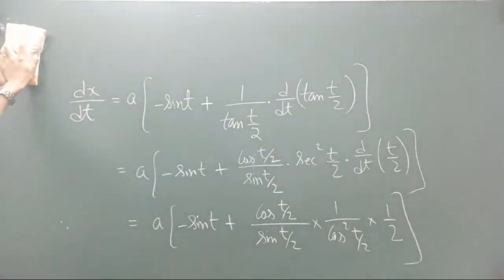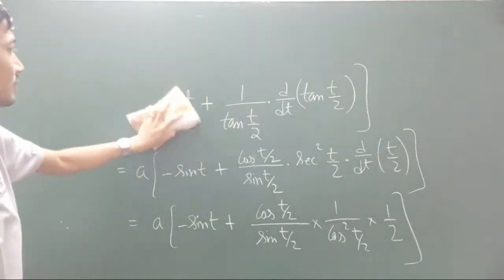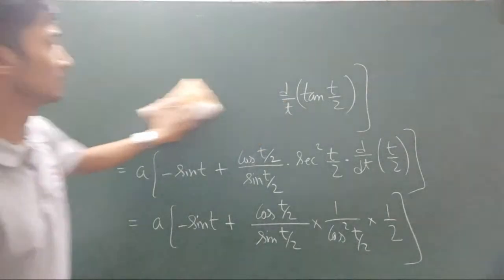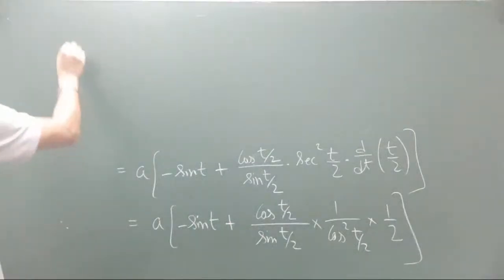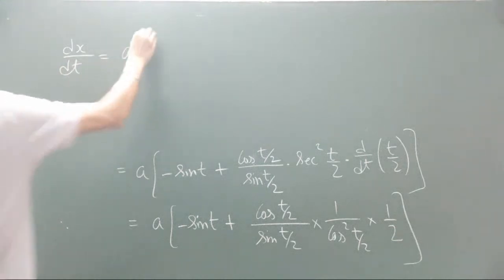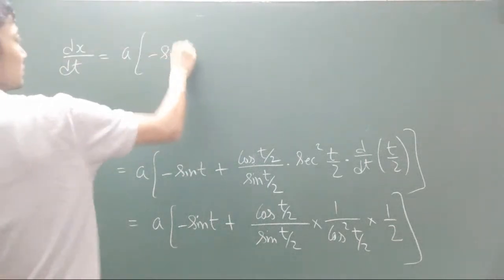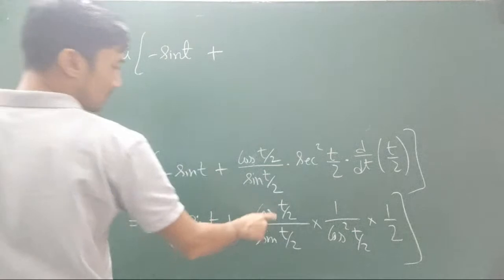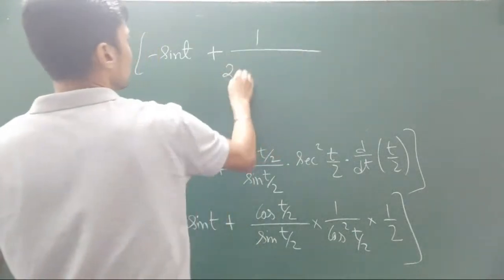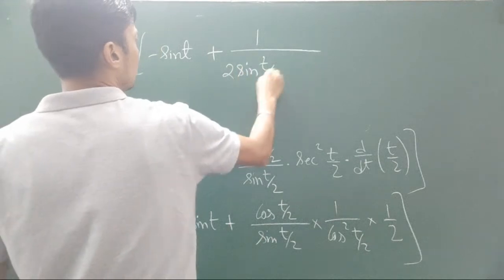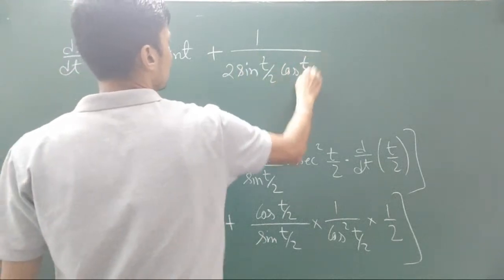Okay, the first one. So cos t, 1 we can cancel, so we will have 1 by 2 sine t by 2 cos of t by 2.